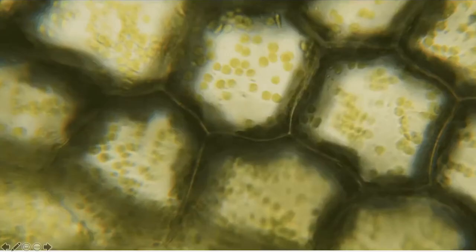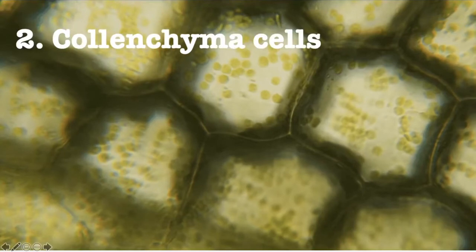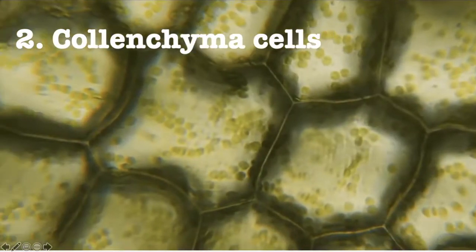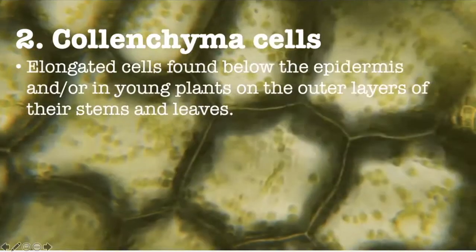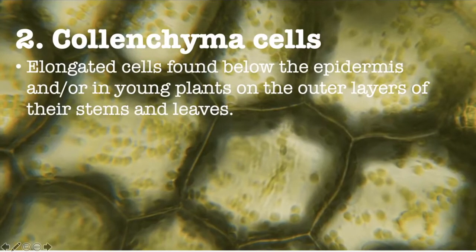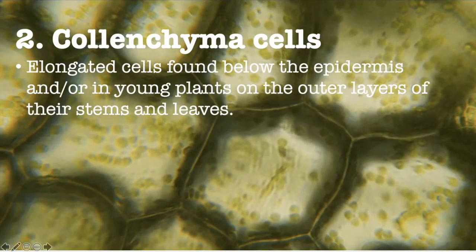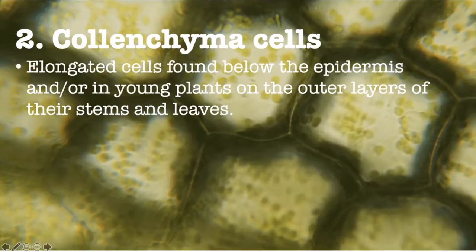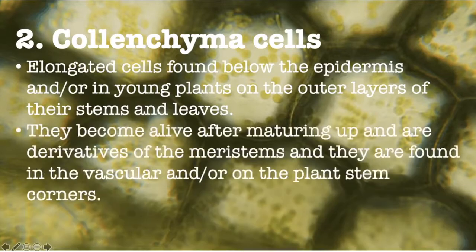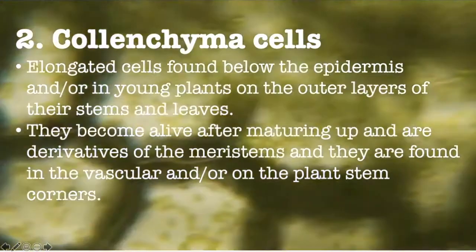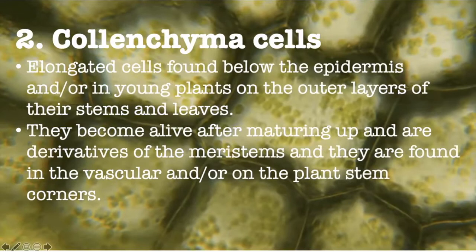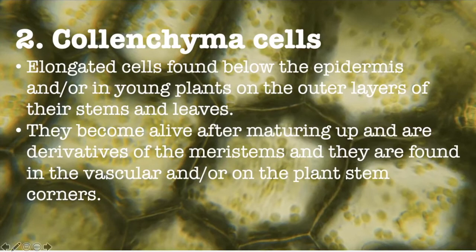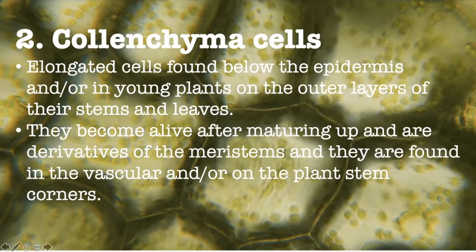The second type of plant cell, we have collenchyma cells. They are elongated cells found below the epidermis and in young plants on the outer layer of their stems and leaves. They become alive after maturing and are derivatives of the meristems, and they are found in the vascular part of the plant stem corners.